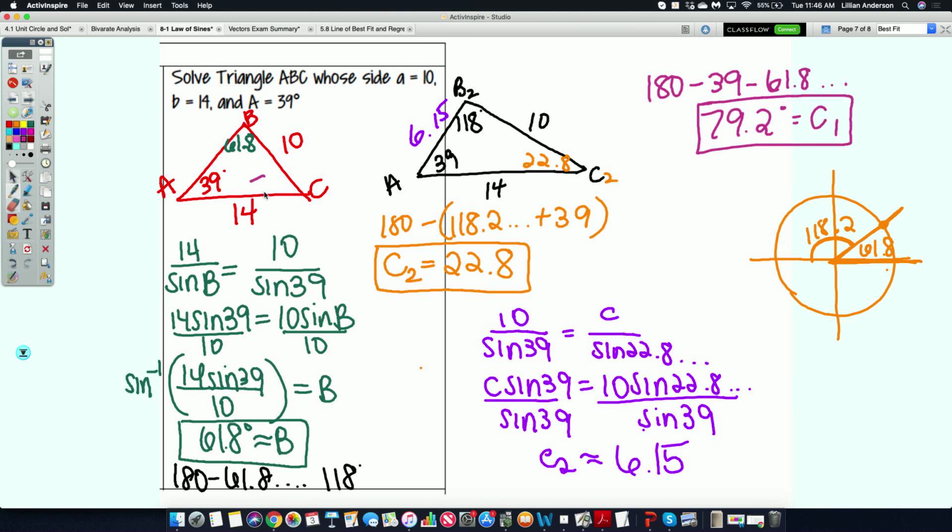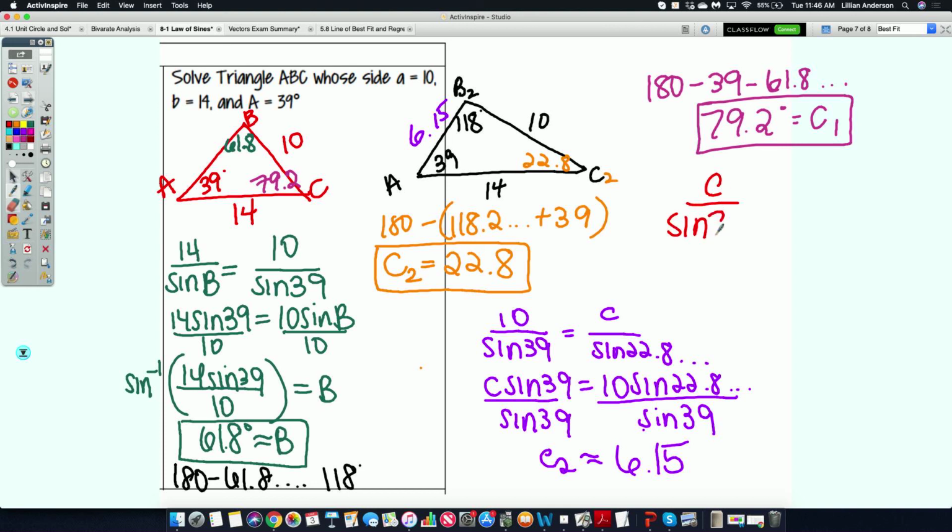Then I'm going to use the law of sines again to find side C in this same triangle. So that's going to be C over the sine of 79.2. Of course, I'm not going to use the rounded answer. Then I cross multiply.